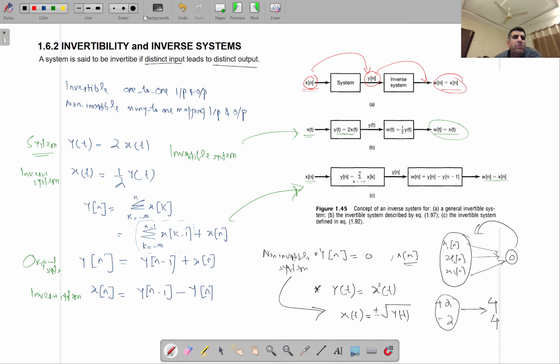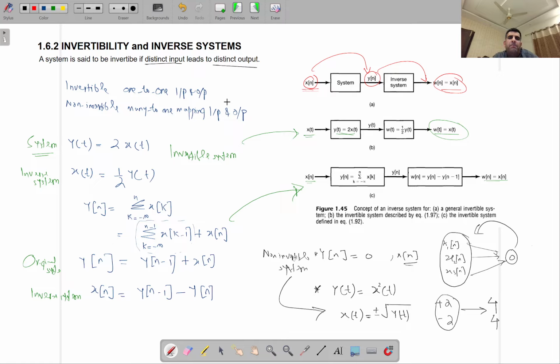So now coming back to the physical realization, what do we mean? What do we infer if we say that this particular system has an inverse? That basically means that from the output, we can recover the input, if a system has an inverse system, if it's an invertible system. So why is this important?